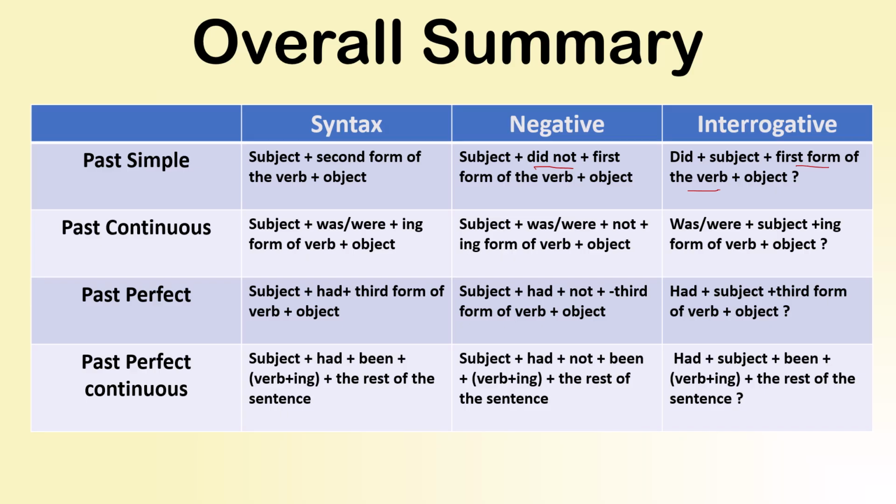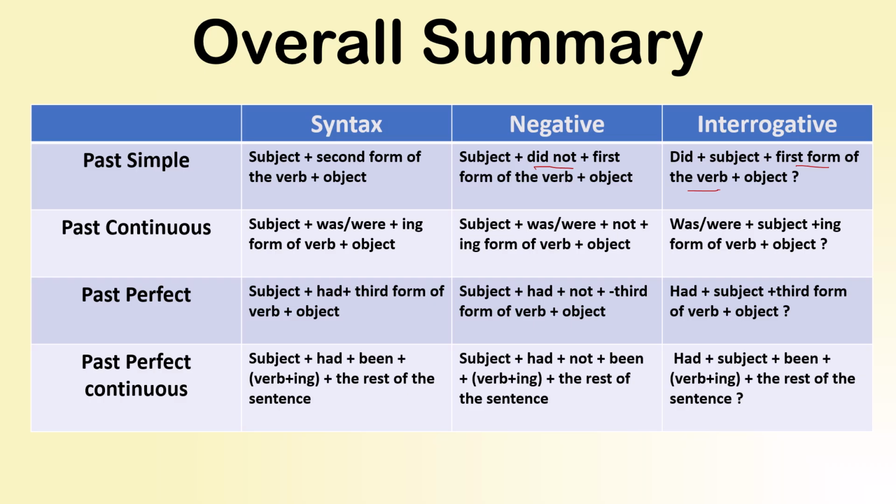Past continuous: subject plus was, verb plus ing form, and then the object. Negative: subject plus was, not, then the ing form of the verb, and then the object. Interrogative: was, then subject, then the ing form of the verb, and then the object.